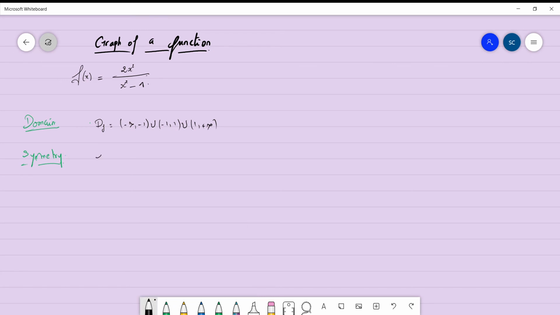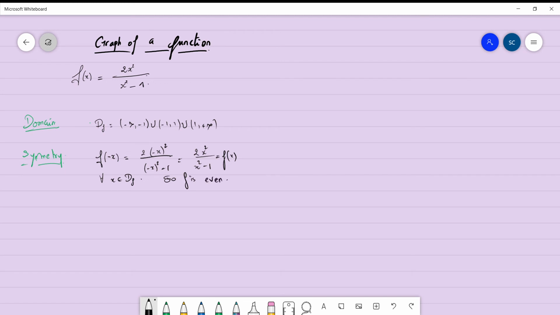For any x in the domain, minus x is also inside the domain, and I can compare the two values. f of minus x is 2 times minus x squared over minus x squared minus 1, which gives me 2x² over x² minus 1, which is f(x). And this is true for any x in the domain. So f is an even function.